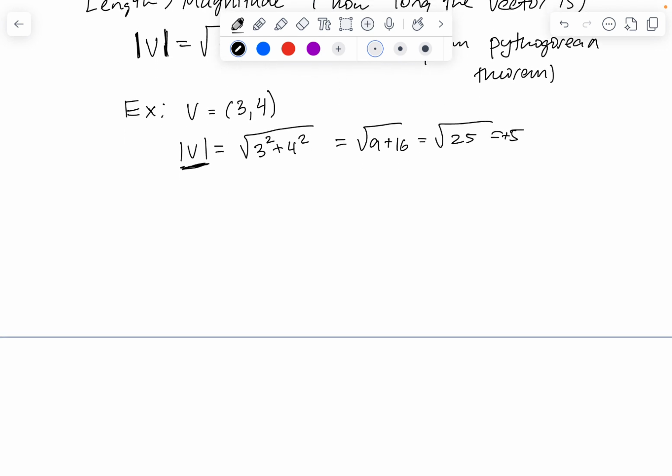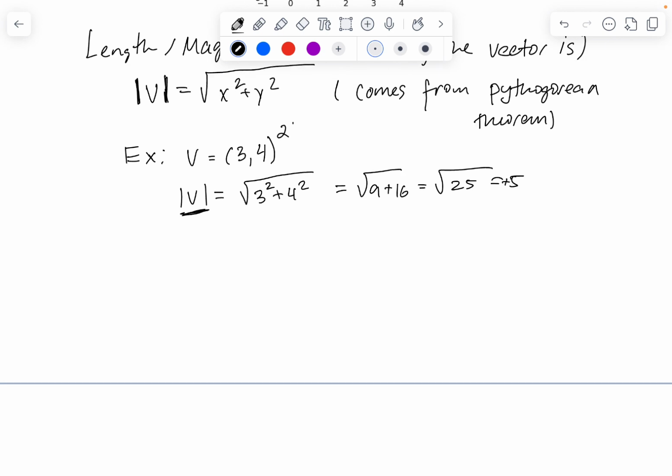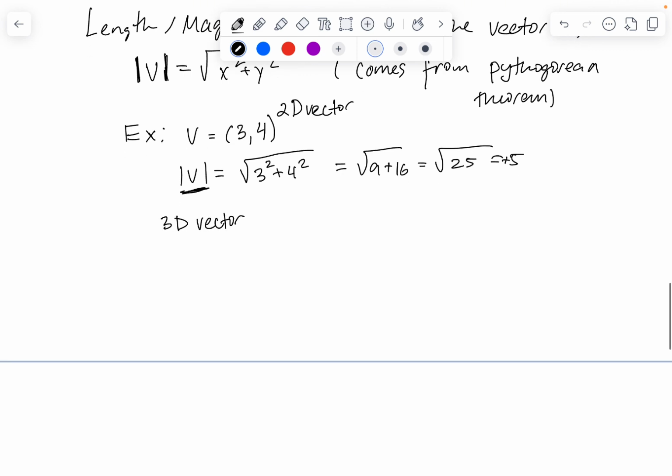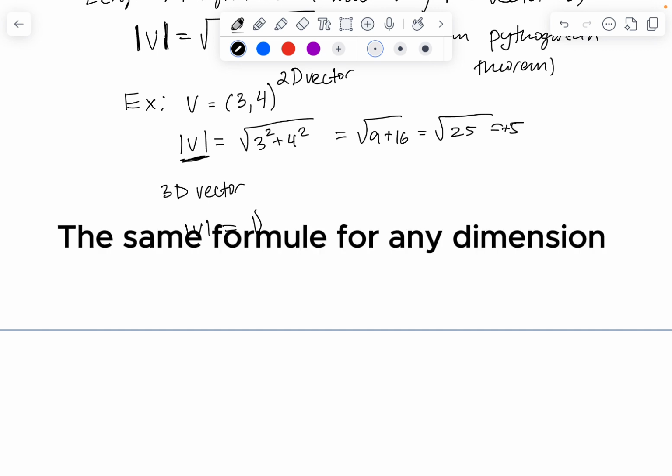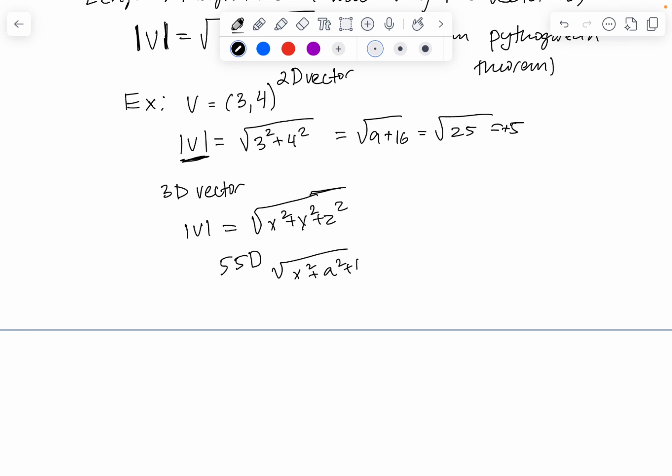And this was our 2D vector, but if you have a 3D vector, it's the same, so it's still v, x squared plus y squared plus z squared.